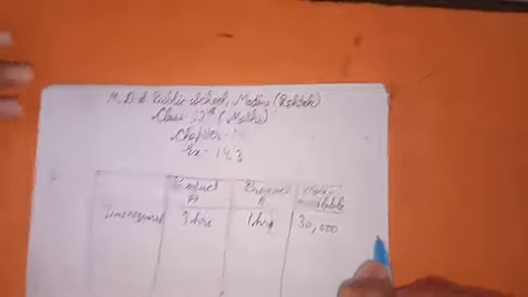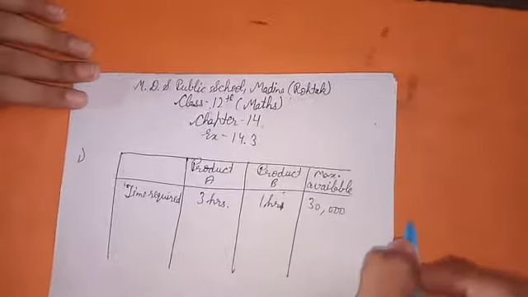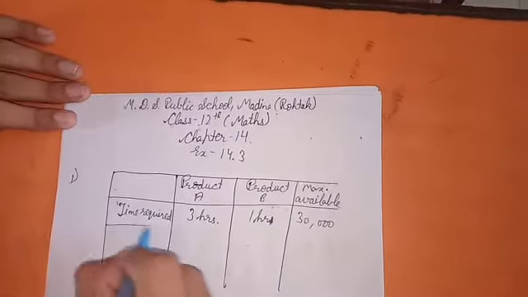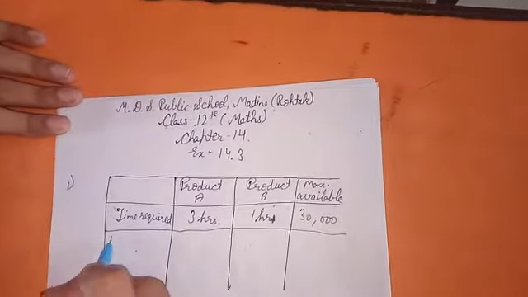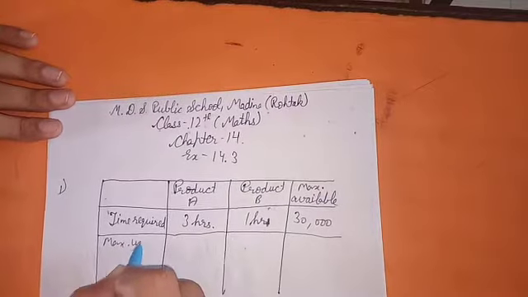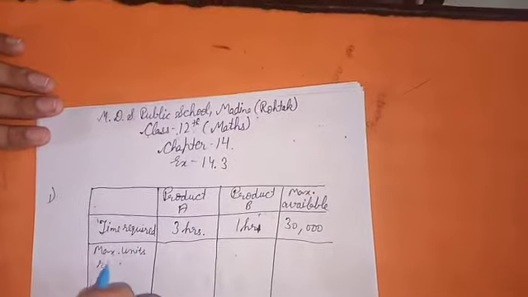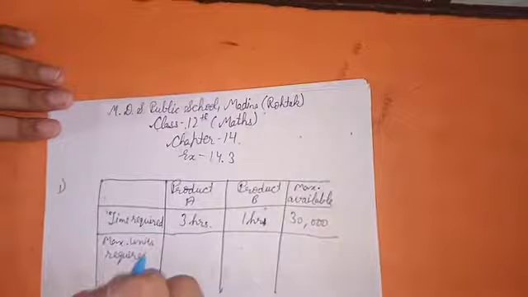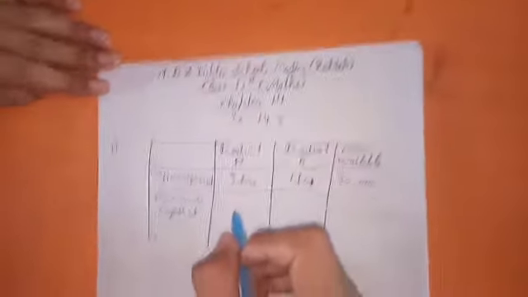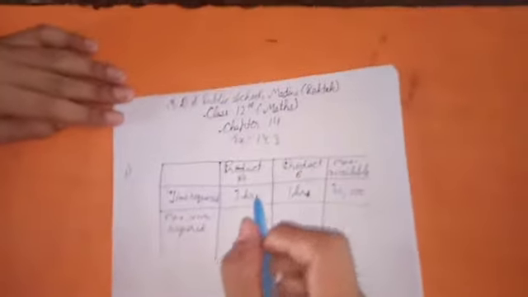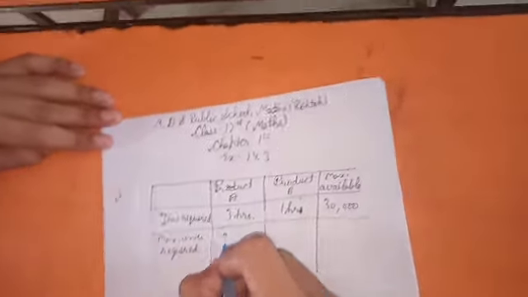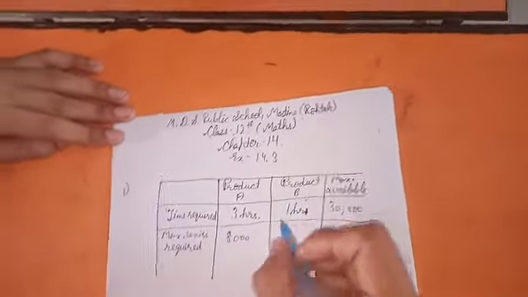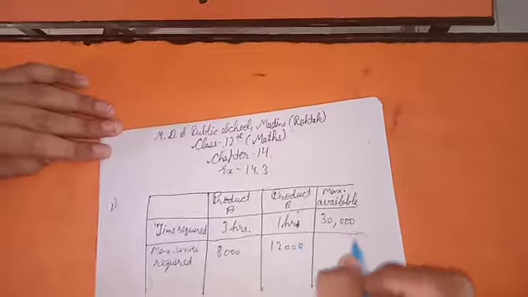Now what is more given is the maximum number of units required of product A is 8,000 and of product B is 12,000.